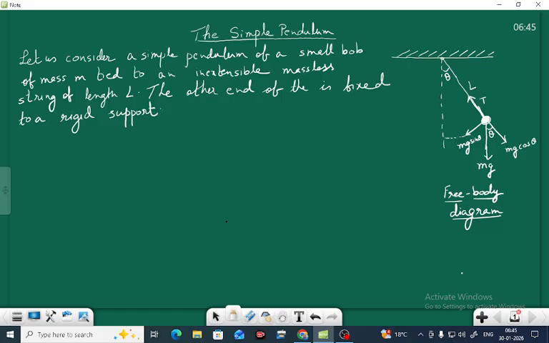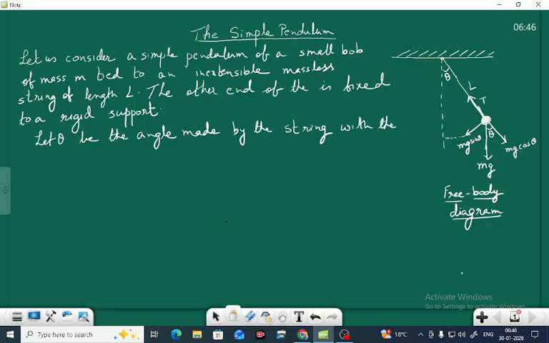Now let theta be the angle made by the string with the vertical.